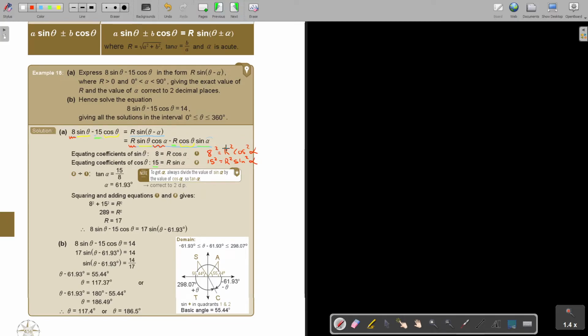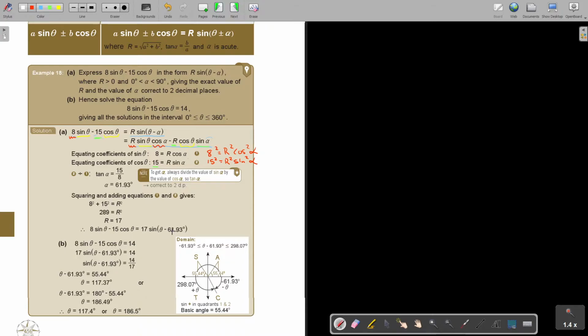And if I square it and I add it, can you remember, and I take r squared out as a common factor, then I get cos squared alpha plus sin squared alpha is 1, so I end up with 8 squared plus 15 squared is equal to r squared. And now I can just find the positive value because r is bigger than 0. Okay, so r is 17.